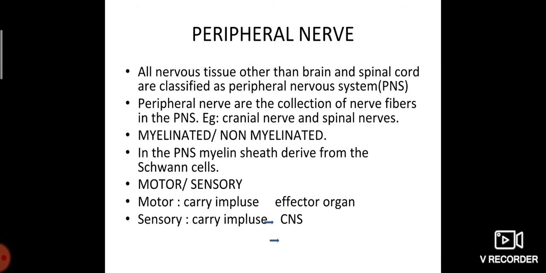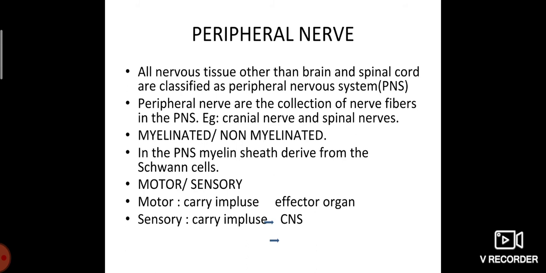Such a group of nerves is classified as sensory neurons or sensory nerves. So, peripheral nerves can be either motor or sensory. Motor means those fibers which supply a muscle or a structure which is contractile.